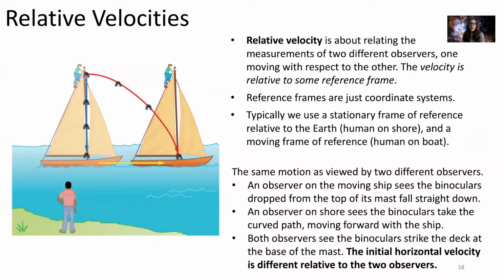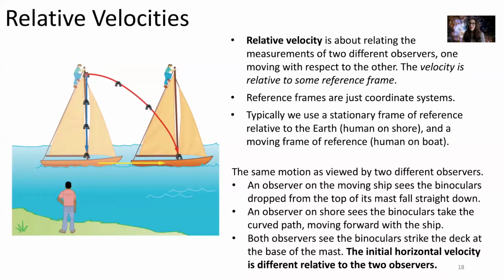And that means that those binoculars have some forward velocity too. That forward velocity is with respect to this person here who's stationary on the ground. And so because this binocular has some forward velocity, you let it go, it's going to travel the path of a projectile. Okay, so let's say that the forward velocity is 5 meters per second.